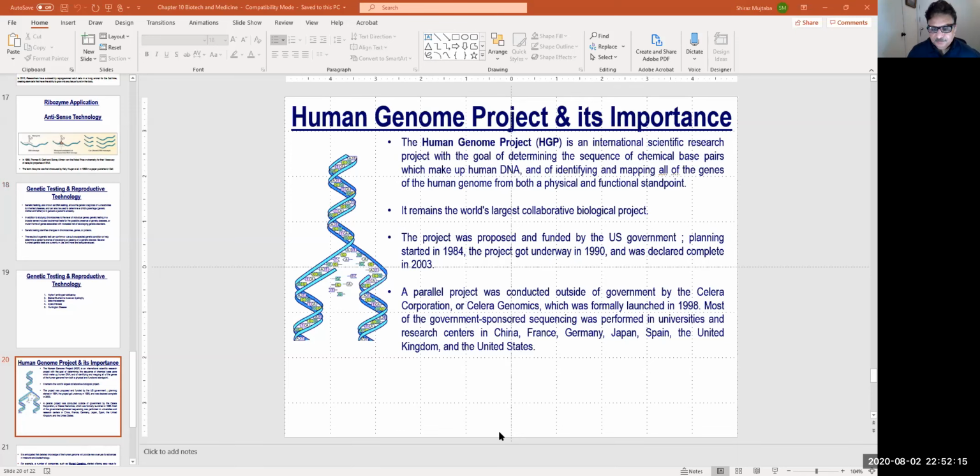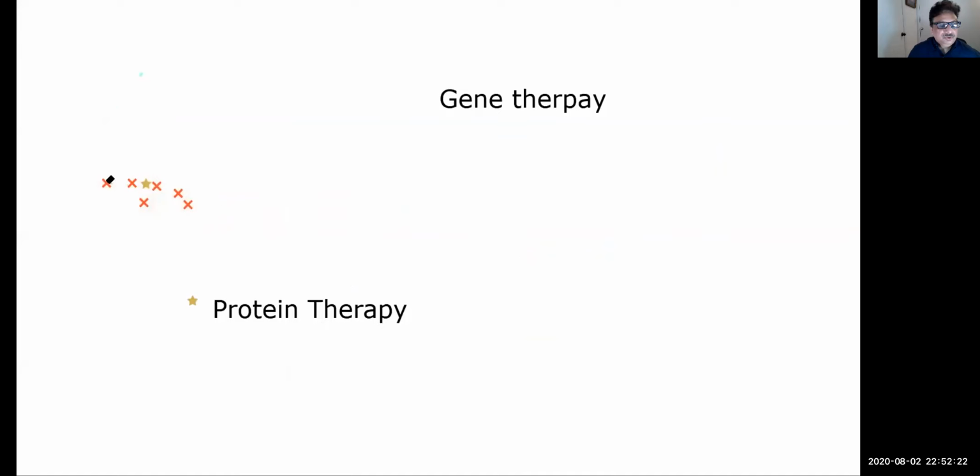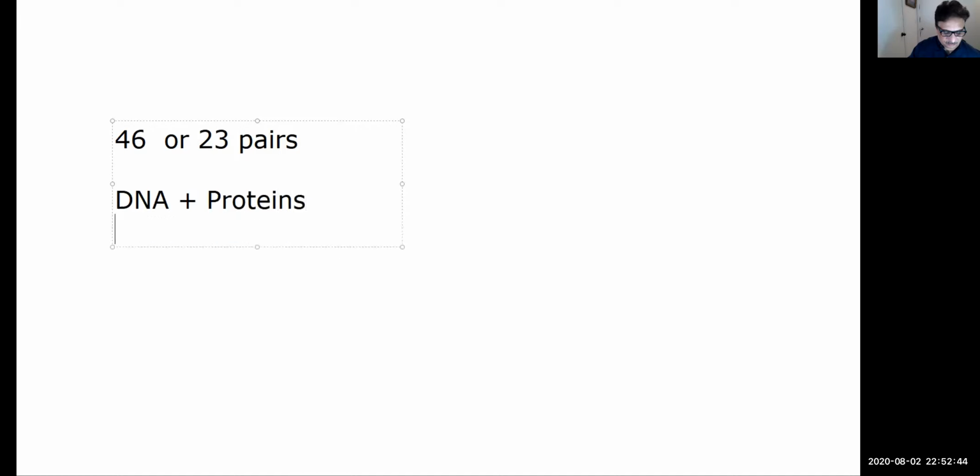This is an approach to look at the sequence of all the DNA on 46 chromosomes. I mentioned to you that within the nucleus of our cells there are 46 chromosomes, or 23 pairs of chromosomes. These chromosomes are made up of DNA plus proteins, and the human genome focuses on DNA, reading of DNA. So what are the alphabets in DNA? There are only four: A, T, G, C.